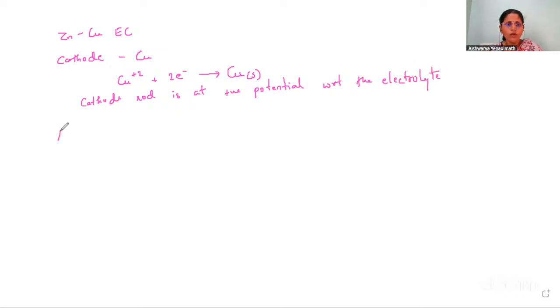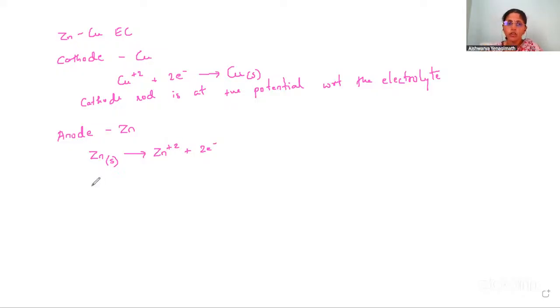Similarly, go for the anode. At the anode, there is a zinc rod dipped in zinc sulfate solution. Zinc, being more reactive, in solid form will lose electrons at the anode, which is oxidation. It loses 2 electrons and becomes the stable Zn2+ ion. This Zn2+ comes into the solution, leaving electrons on the rod.